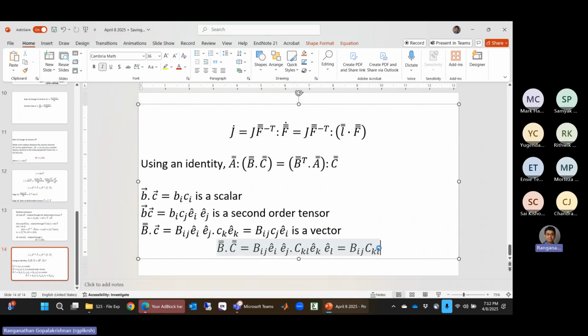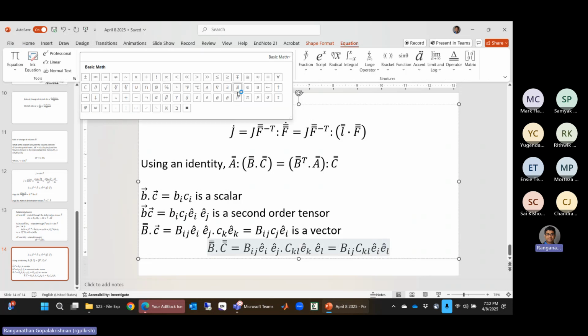Okay, just one second. It's going to be e_i e_l. But for those who don't want to be thrown the answer, I'm going to put the delta_jk in between the e_i and e_l, which is totally okay because delta_jk is a scalar.